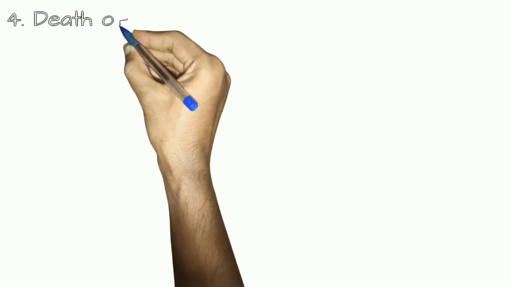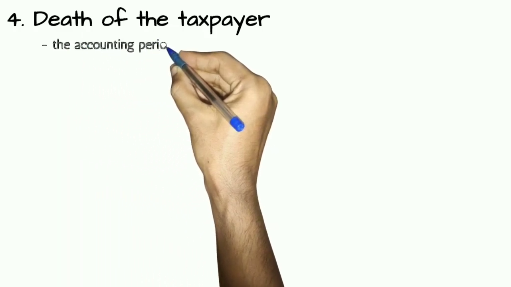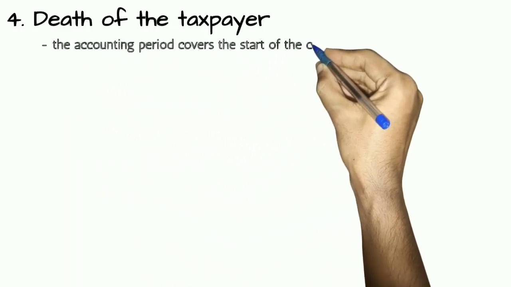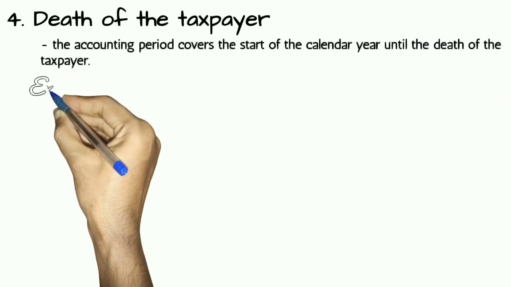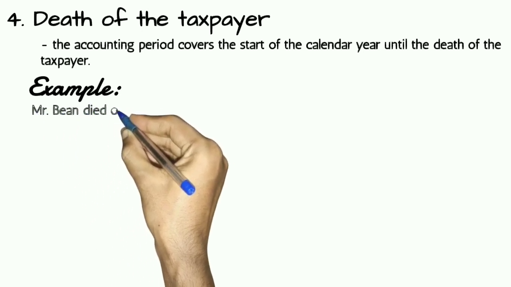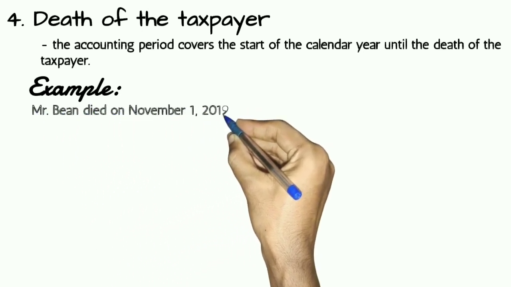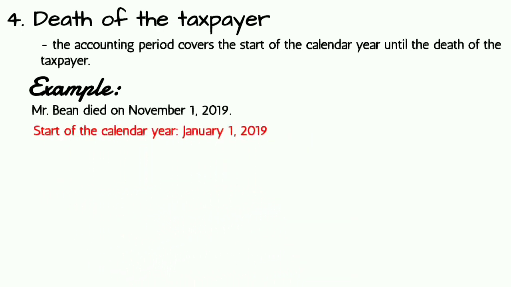Fourth is death of the taxpayer. The accounting period covers the start of the calendar year until the death of the taxpayer. For example, Mr. Bean died on November 1, 2019. Ang start ng calendar year ay January 1.